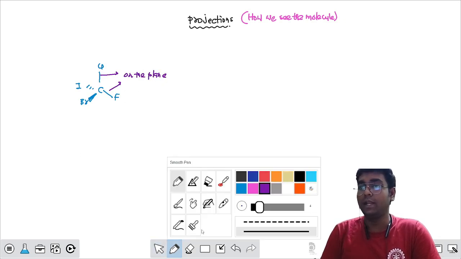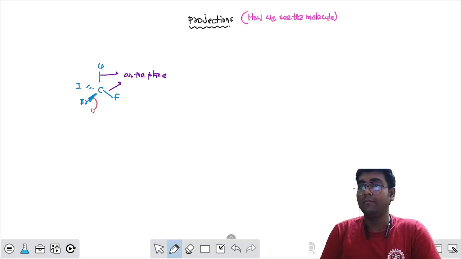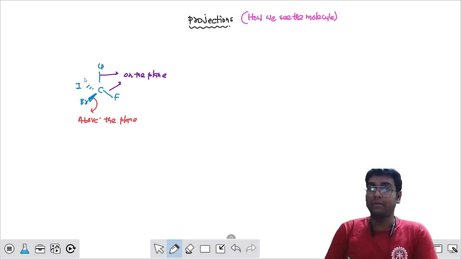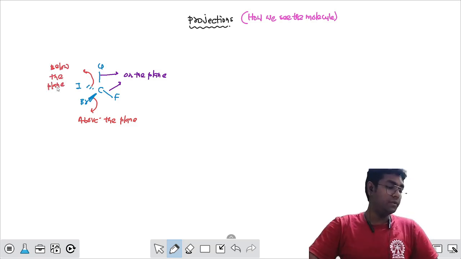Whereas this bromine atom, you are seeing, is above the plane. I will tell you what that means. And if we talk about the iodine atom, this is below the plane. Okay, so let's try to visualize it.